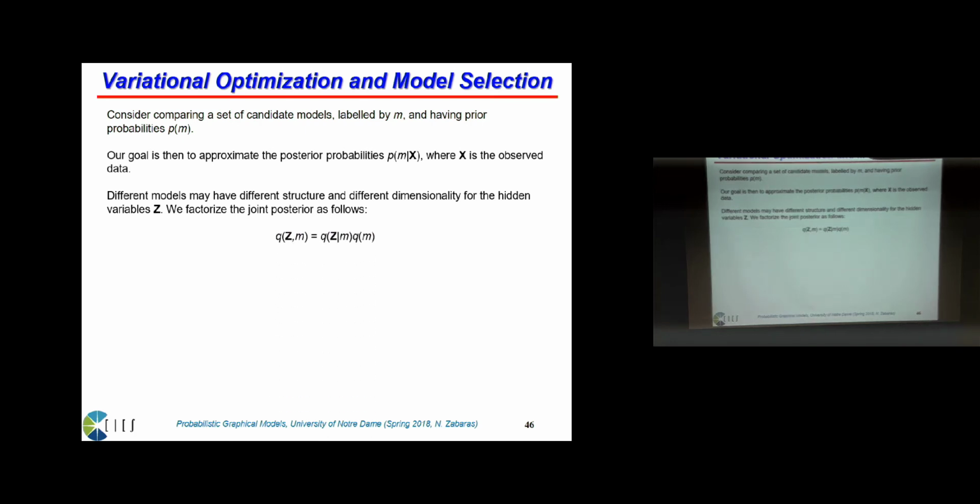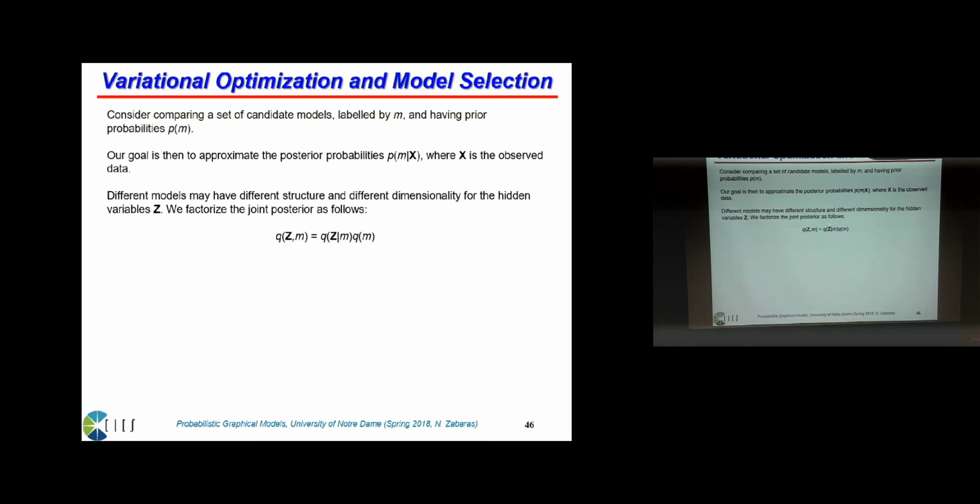So I want to do something simple, nothing sophisticated here. Let's say that every model has its own latent variables. Don't expect the latent variables to be the same in every model; every model has different variables, different discretization, different parameters.